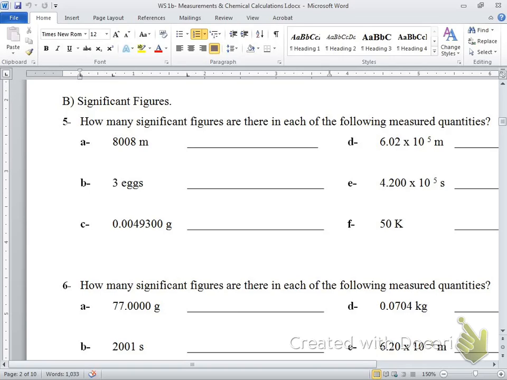So the first rule: all non-zero digits are significant. And then these are rules for zeros. That's all that it is. The rest of it is all about what you do with the zero. If it's leading, it's not significant. If it's trapped, it is significant.